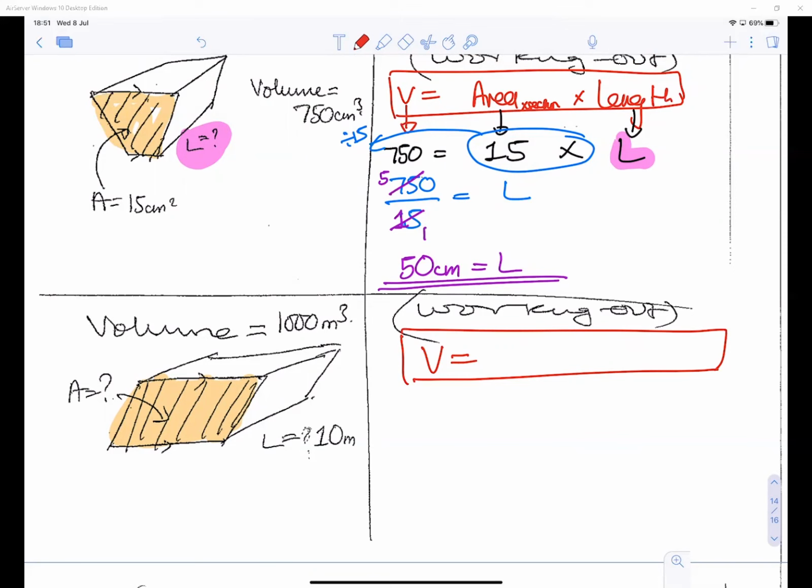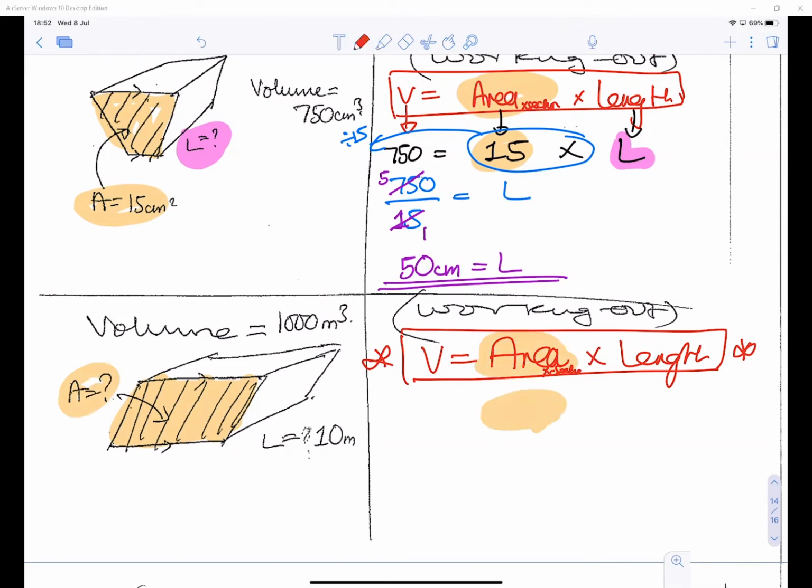Volume equals? The volume equals 1000. Whoa, give me the formula first. The formula is area times by length. So when you give me the formula, don't put any numbers in straight away. So the volume equals the area of the cross section, the front part, which is shaded, times the length.